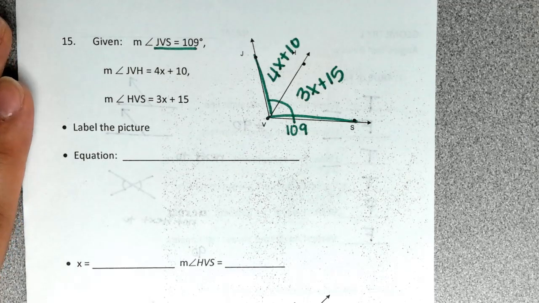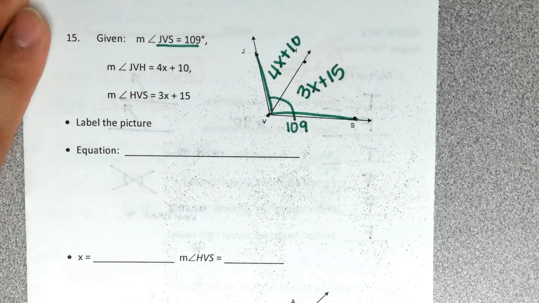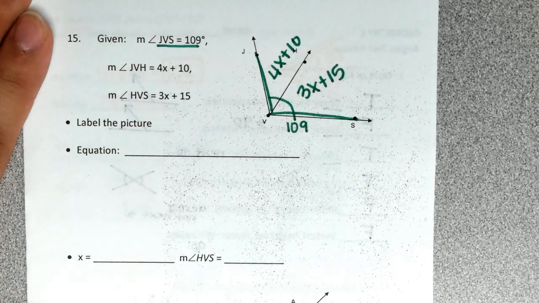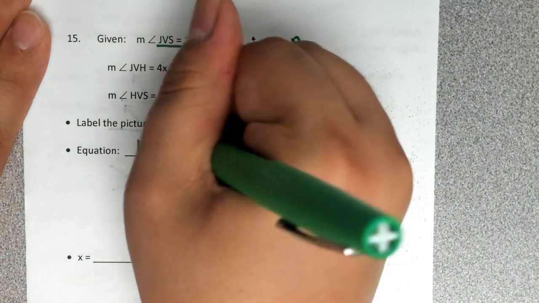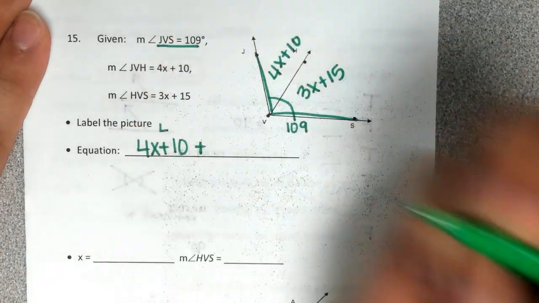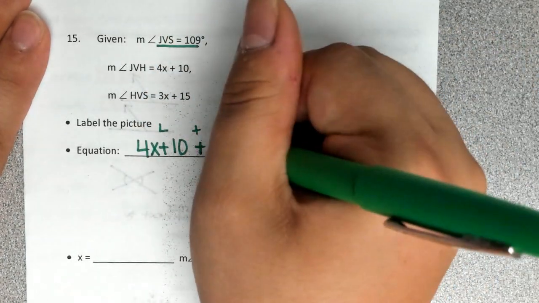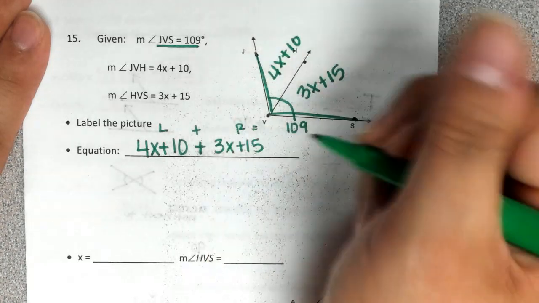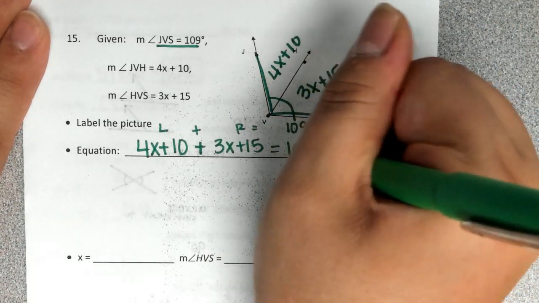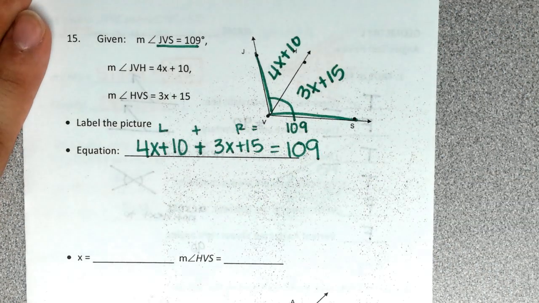No. So when it doesn't say anything about bisects, what do I do? What did I teach y'all to do on problems like this? 4x plus 10 plus 3x plus 15. What did I call that? Left plus right equals what? The whole thing is 109.